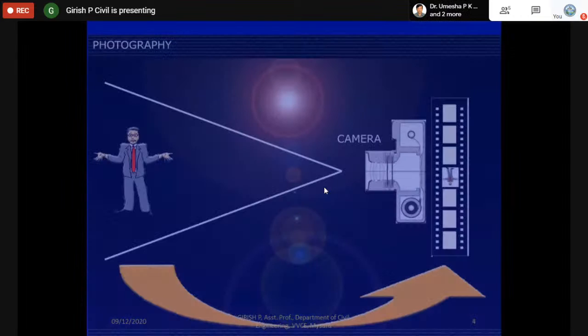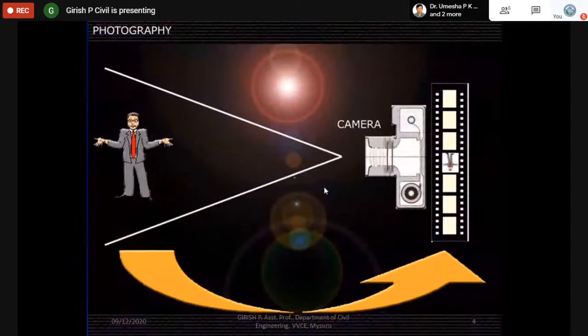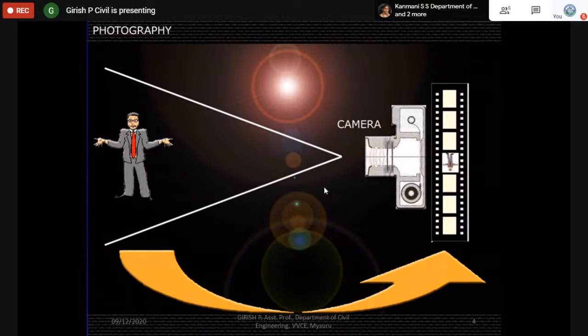So coming to the definition of aerial photographs, photogrammetry or remote sensing. If you see the image, you have a very clear indication. There will be a sensor, a device that will capture the object. So photogrammetry, in general, is a graphical representation by means of light without any physical contact with the object.